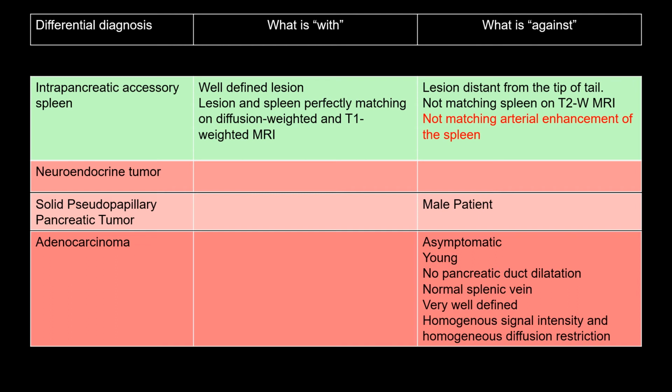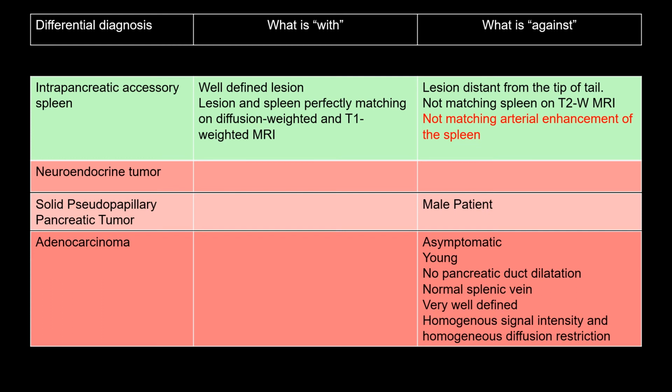Imagine we have chosen the dotatate PET-CT option, and imagine it is positive. In this case, it may increase the chance of neuroendocrine tumor. It will entirely eliminate the lower two possibilities, the adenocarcinoma and the solid pseudopapillary pancreatic tumor.